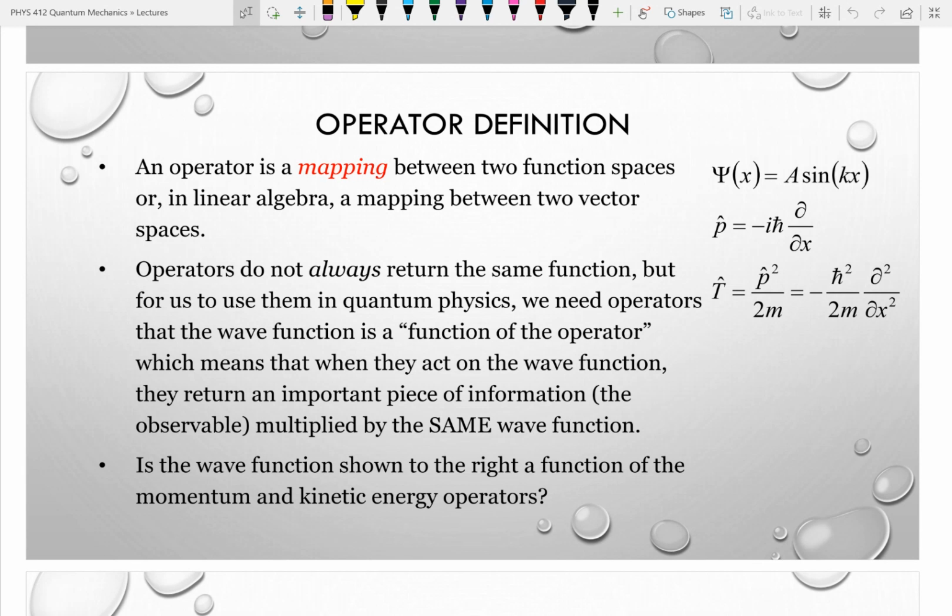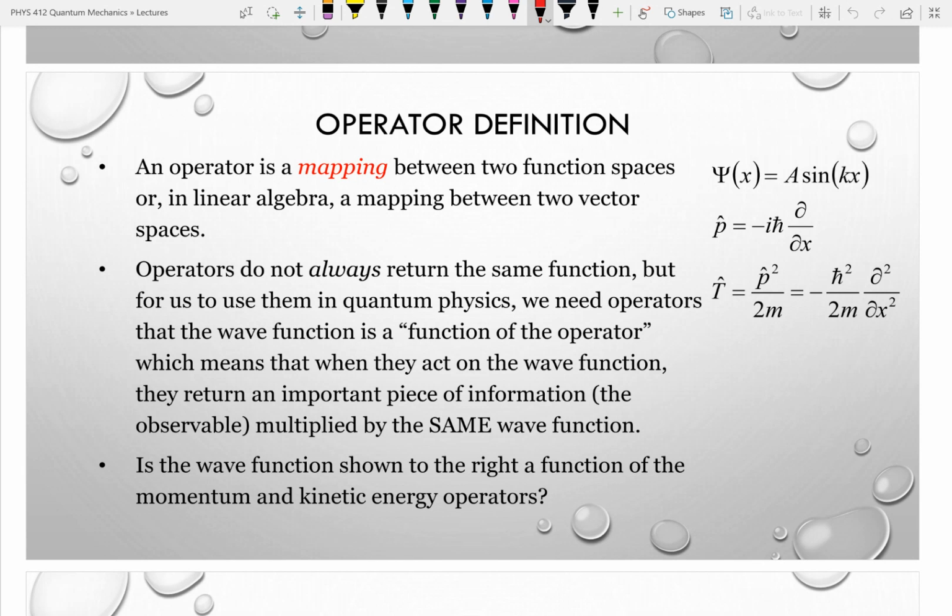That mapping means that it's something that's going to take information out of one space into another space. So out of the wave function space into whatever variable space we're looking for. They don't always return the same function, but for quantum mechanics, they do.